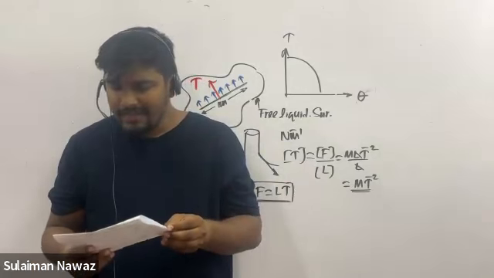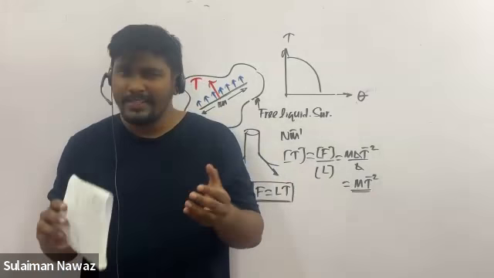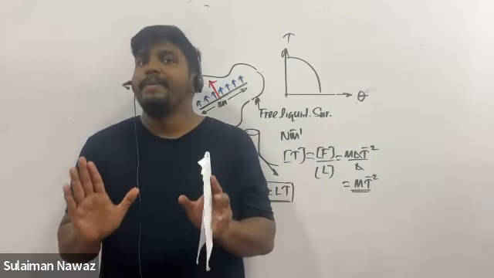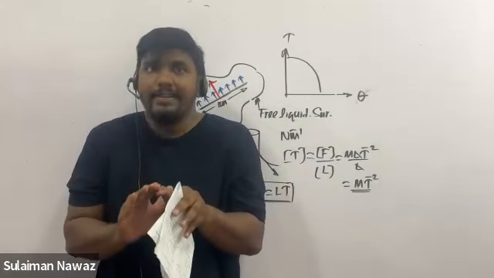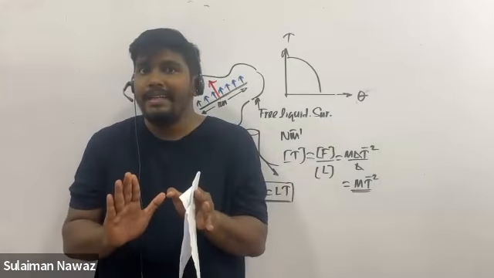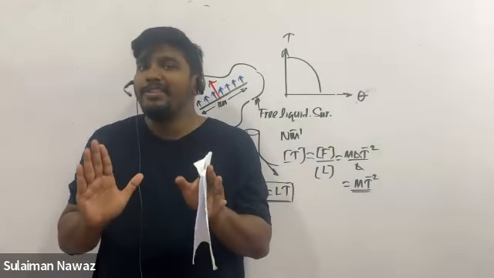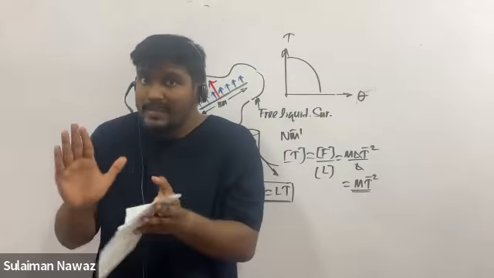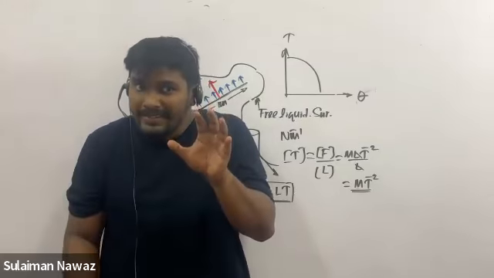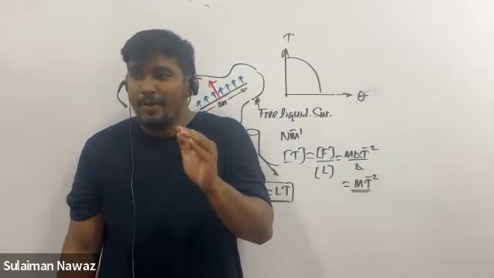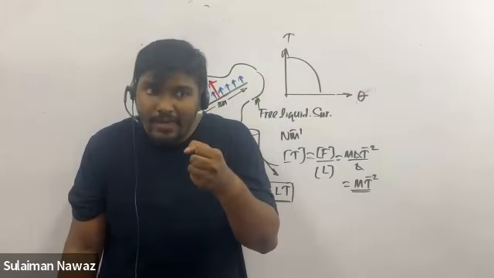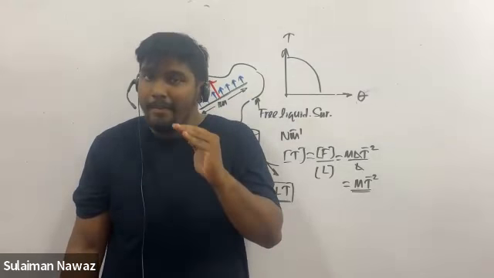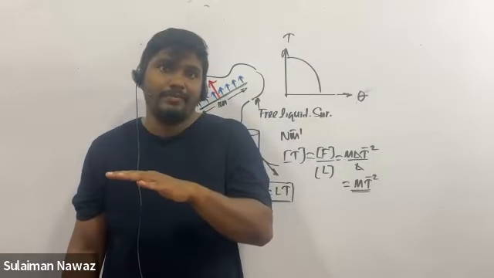Now, what is this free surface energy, free mechanical energy? I will explain. Always understand, the liquid surface always wants to maintain minimum energy because the liquid surface wants to be stable. Therefore, the liquid surface always tries to maintain minimum potential energy.